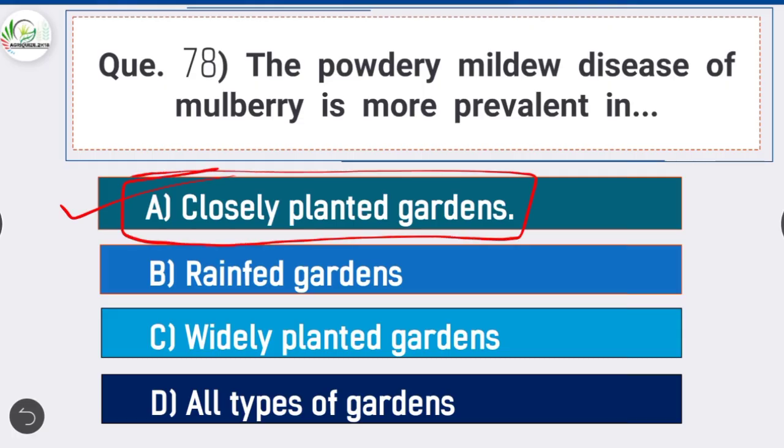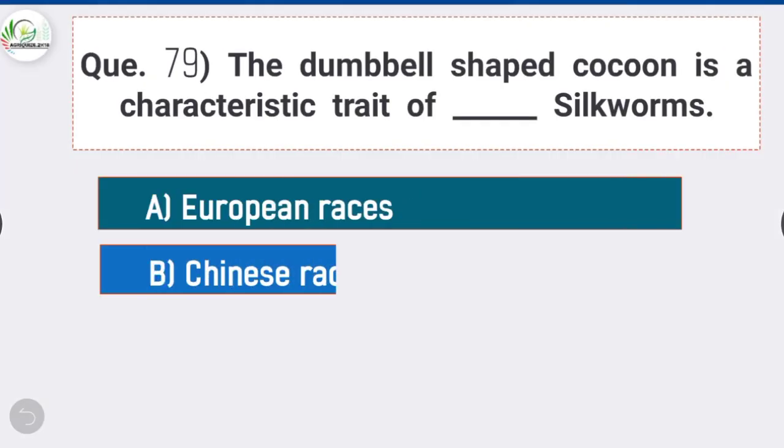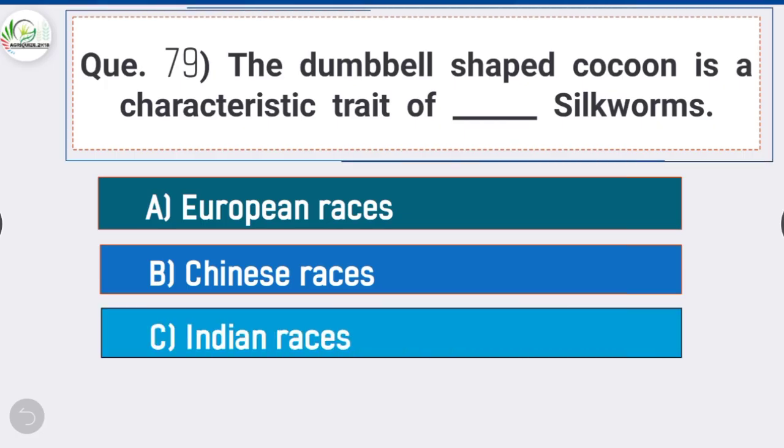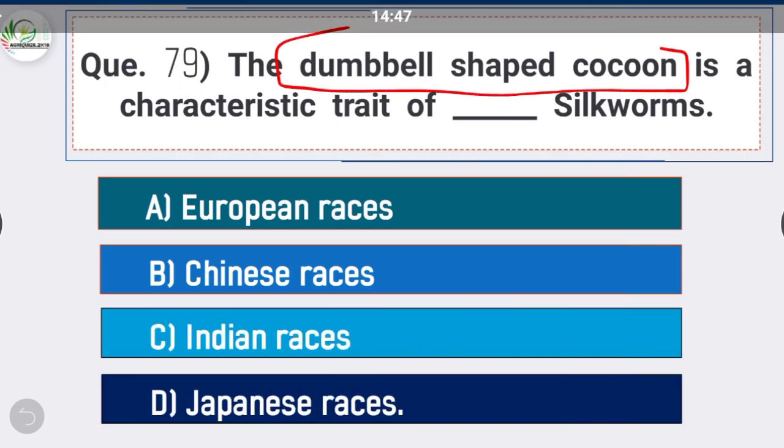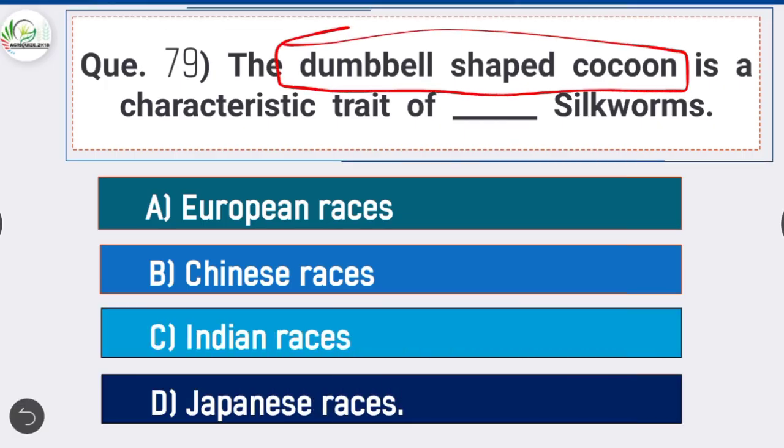The powdery mildew disease of mulberry is more prevalent in closely planted gardens. Question number 79. The dumbbell-shaped cocoon is a characteristic trait of dash silkworms, and the correct answer is Japanese rhesus. The dumbbell-shaped cocoons is a characteristic trait of Japanese rhesus silkworms.